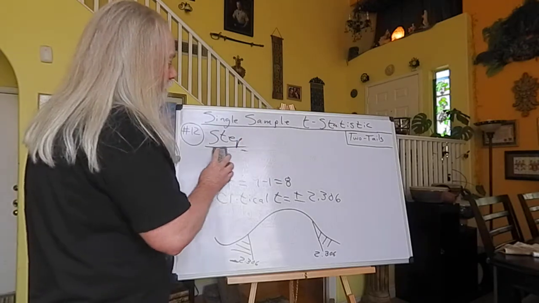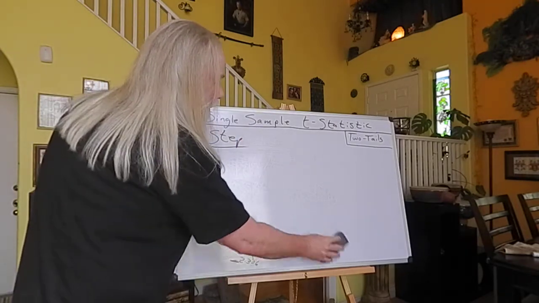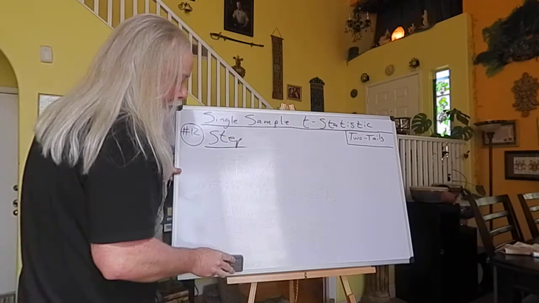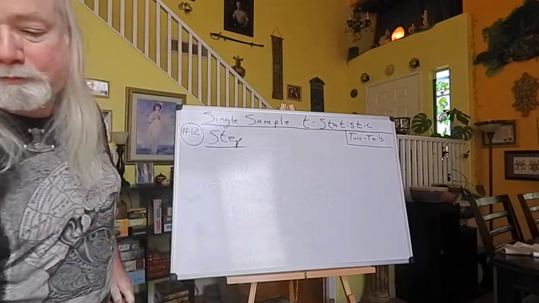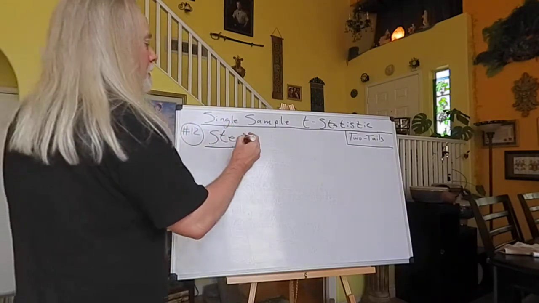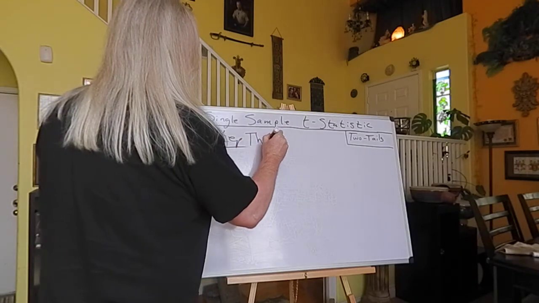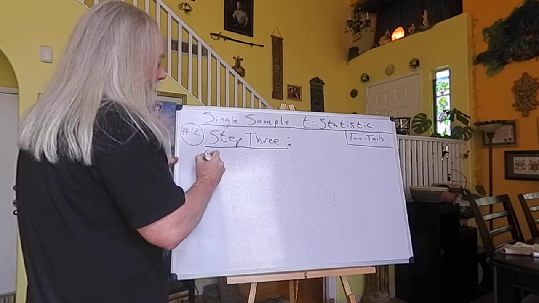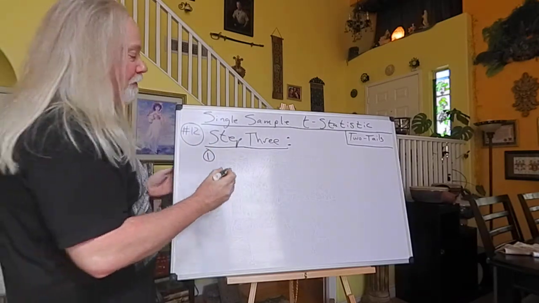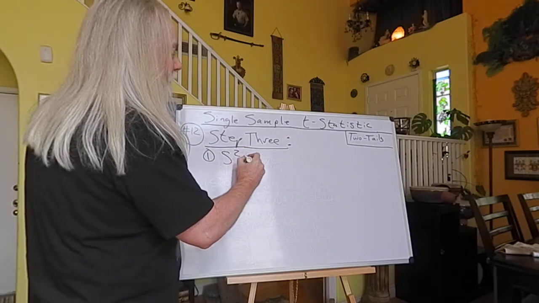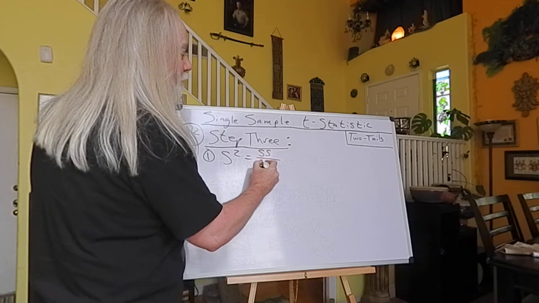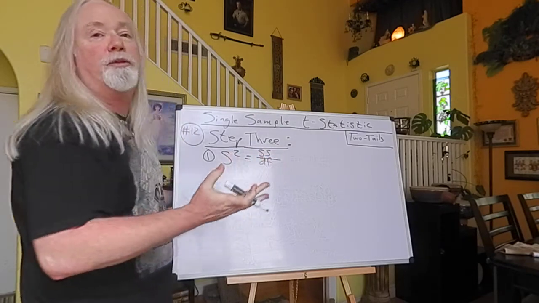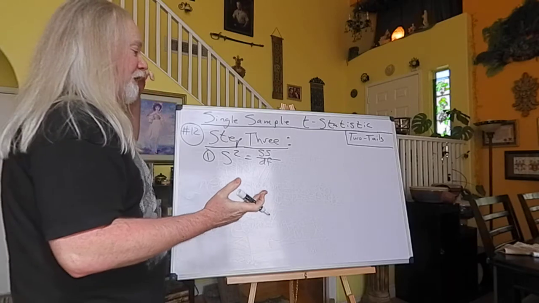Next up for us, step 3, doing the math. Well, the problem did not give us sample variance, so we're going to have to get sample variance on our own. Again, that's sums of squares over degrees of freedom, or sums of squares over n minus 1, however you want to think of it.